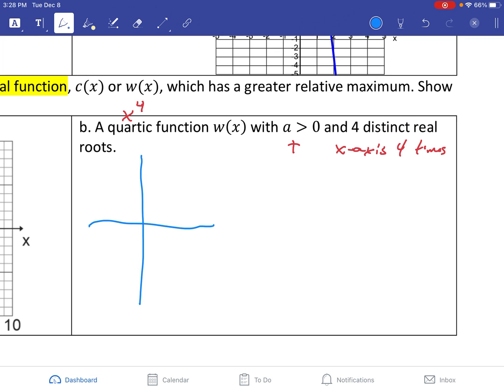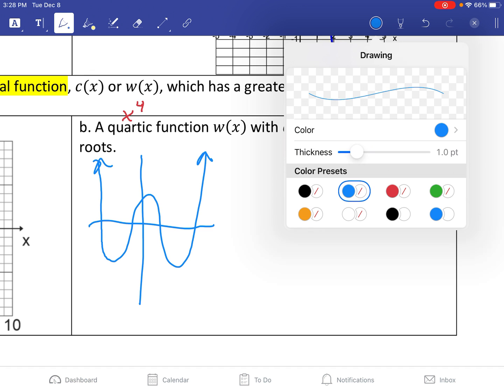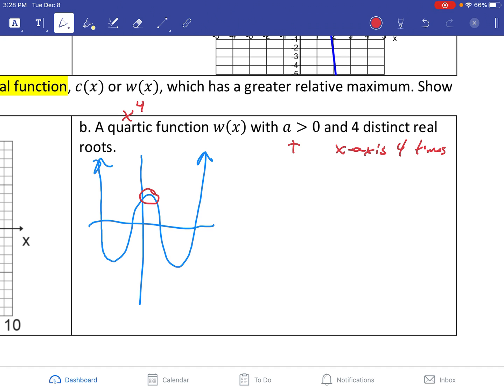All right, we're going to start up here. We're going to go down through the x-axis 4 times. 1, 2, 3, 4. Now, because it went through the x-axis, you can see that we had to have an extrema right here.